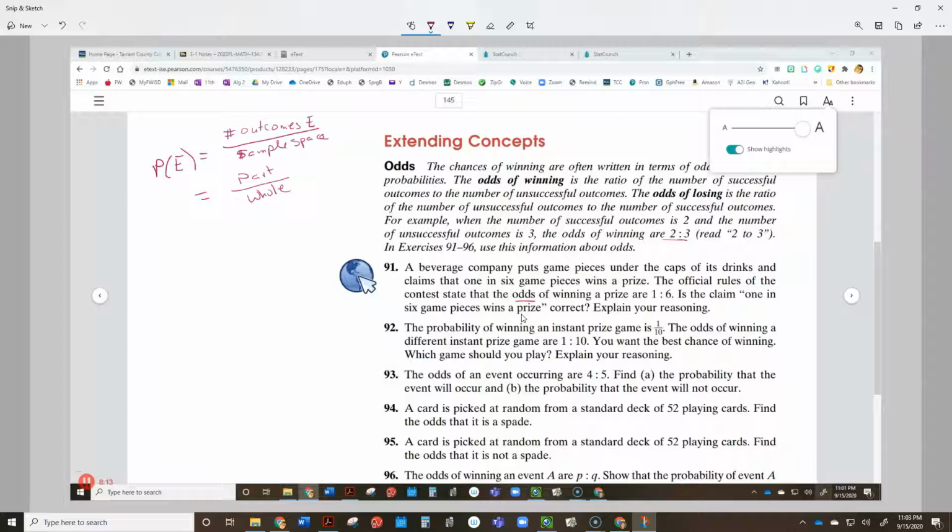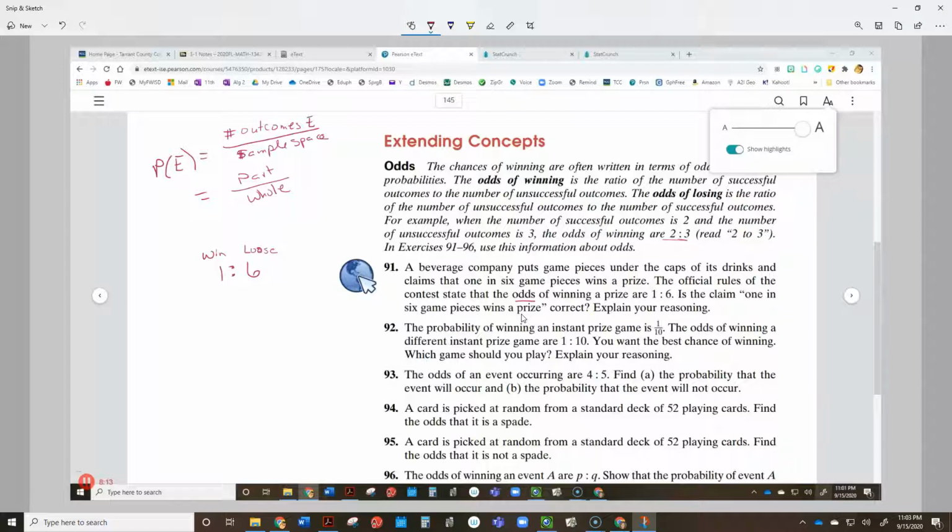It says that the odds. Now here's how odds are different. The odds do not compare the part to the whole, the odds compare two parts. So this is the part that wins, and this is the part that loses. I don't ever know how to spell lose. Two S's.